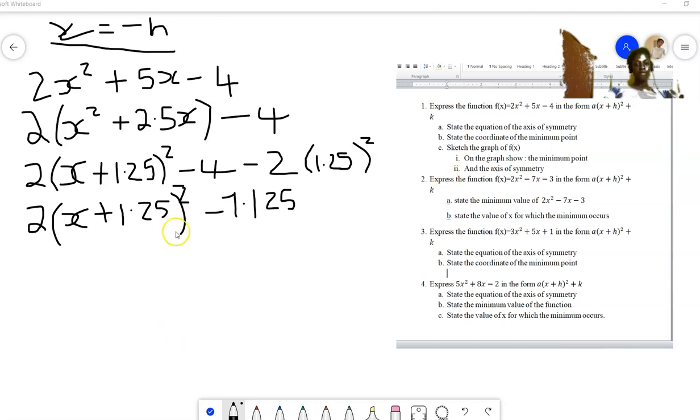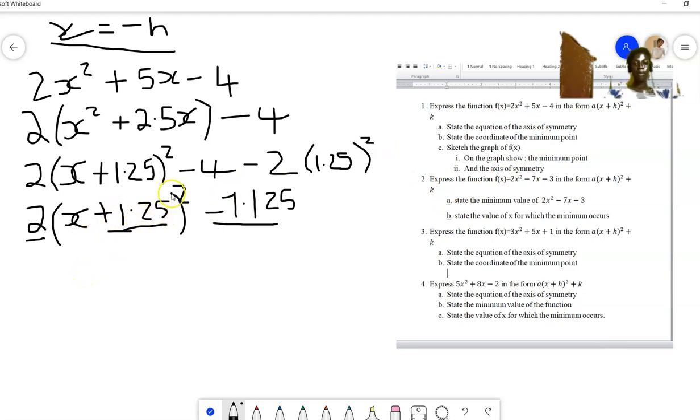So now we have our function in the form, and we know that that's our a, that's our h, and this is our k. So part A of the question says state the equation of the axis of symmetry. And we said the equation of the axis of symmetry is x equals negative h. So what is h?